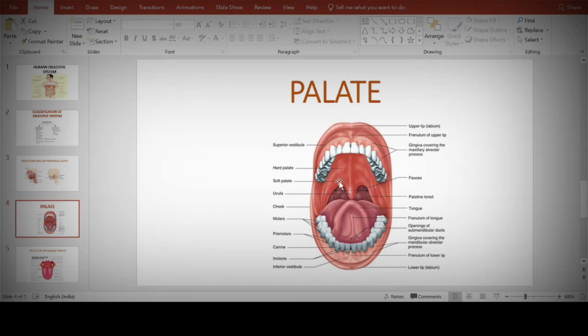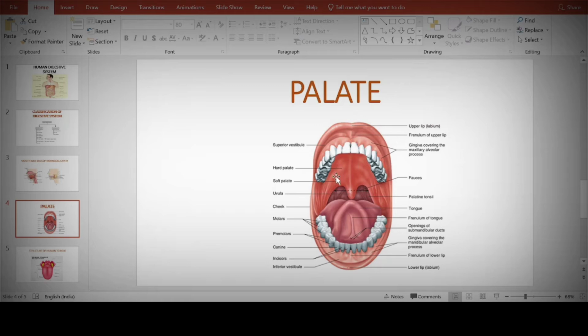Okay, and on moving further, if we see the ventral surface of the hard palate, we can see some small projections or ridges, and that we term as palatine rugae.